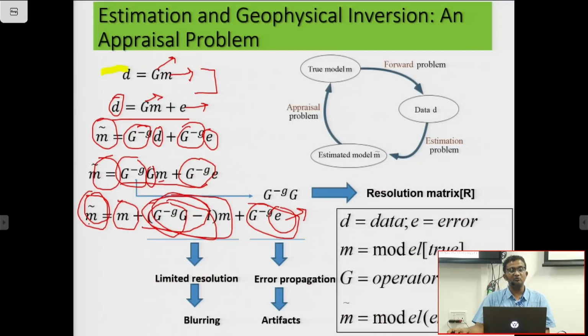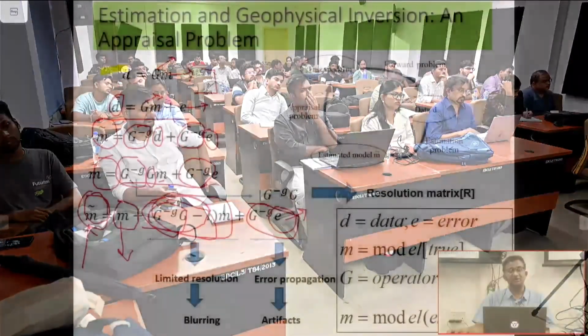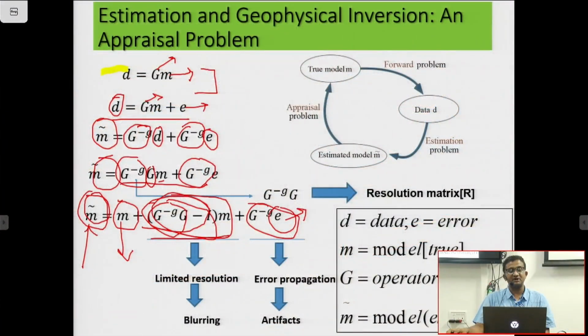Because of the error, this part is in your expression. So here we are looking at how close the estimated model is to the true one, and that is also associated with two components. One is this part, G dagger G minus I, which is denoted as the part that limits the resolution.